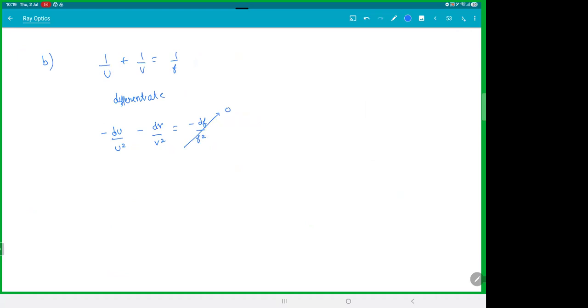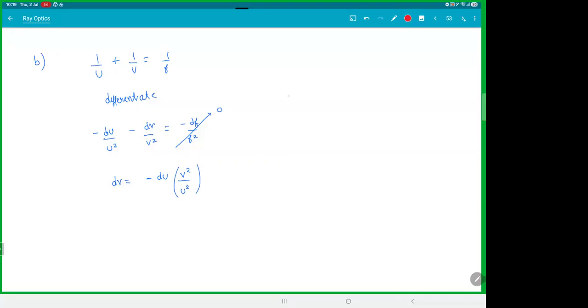This will be 0 since f is constant. I end up with dv is equal to minus du into v square by u square. So what is u? U is the object distance. So what is du? Du is the length of the object. Since AB is so small, if this is u, then this will be du. Because the length of the object is so small, I can say du is the length of the object.